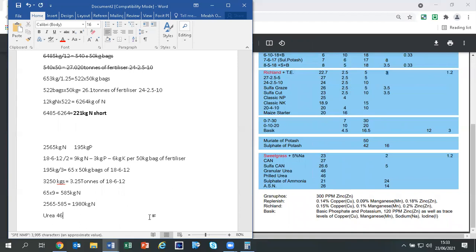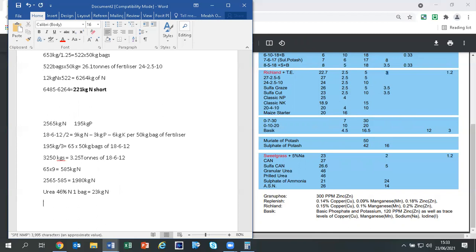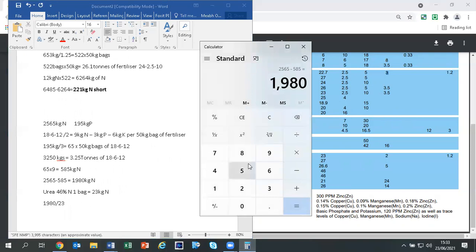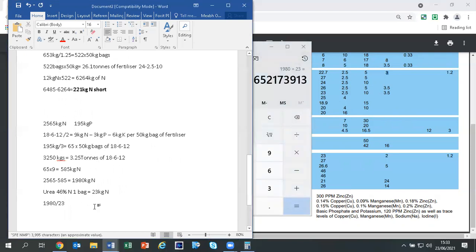So urea, 46% nitrogen. So one bag contains 23 kilograms of nitrogen. So how many bags of urea do we need? 1980 divided by 23 into our calculator, divided by 23 equals 86 bags of urea.